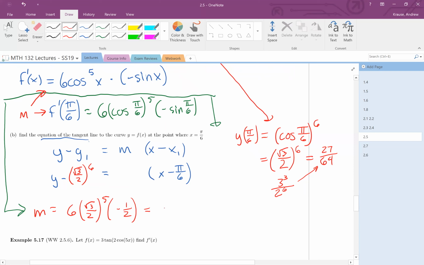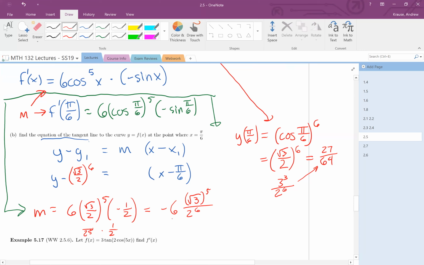So this gives us negative 6 root 3 to the 5th power divided by 2 to the 6th, because we have a root 3 over 2 to the 5th times 1 over 2, so that ends up giving us a 2 to the 6th.